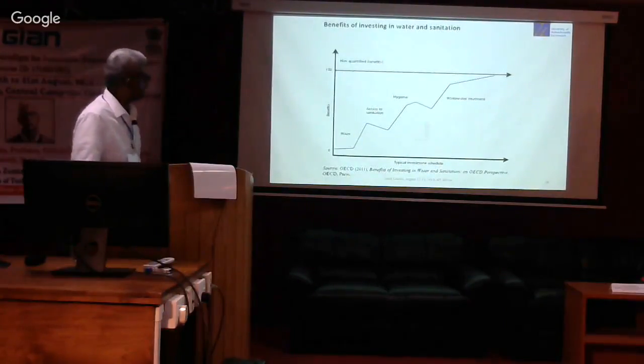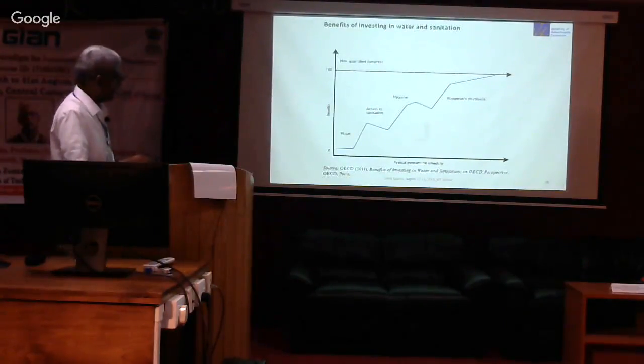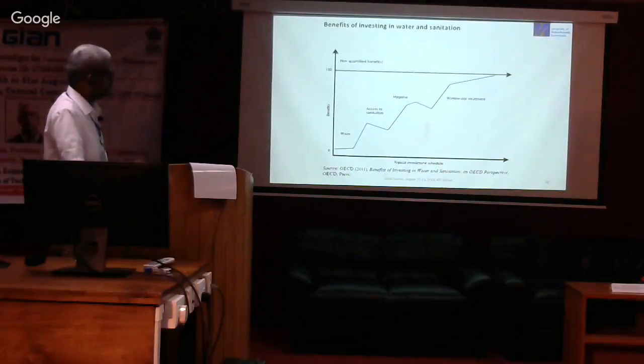And benefits of investing, of course, we know that the more a society has access to sanitation or better quality water, the more benefits we get in terms of public health, environmental benefits, and so forth. So this does not have any number scale.